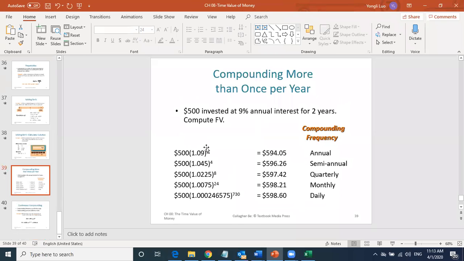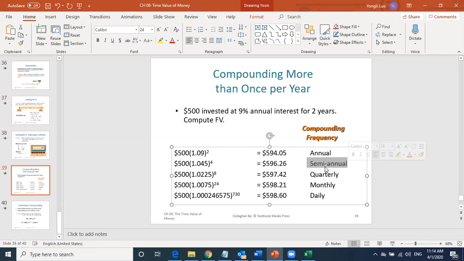Okay, next we talk about compounding more than once a year. Later, when we introduce bond valuation, we are going to use semi-annual compounding very often. That means they compound twice a year.